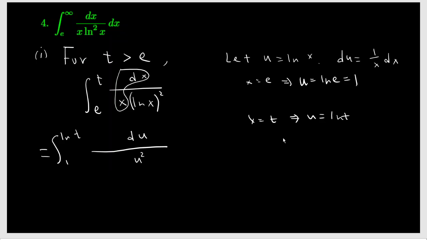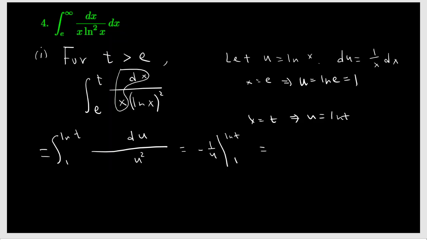So in the first step, you just concentrate on computing the integral from e to t, getting a function of t. In the next step, you just concentrate on taking the limit. Does that make sense? I believe the antiderivative of 1 over u squared is negative 1 over u. I think we have seen it earlier. Probably I told you to memorize it before. You do not have to go back to x. At this point, you plug in the u value of natural log of t and the u value of 1.